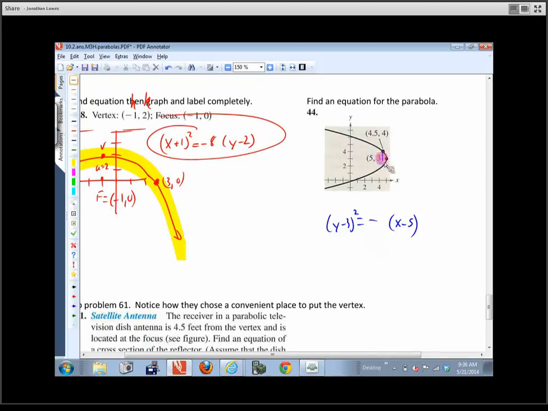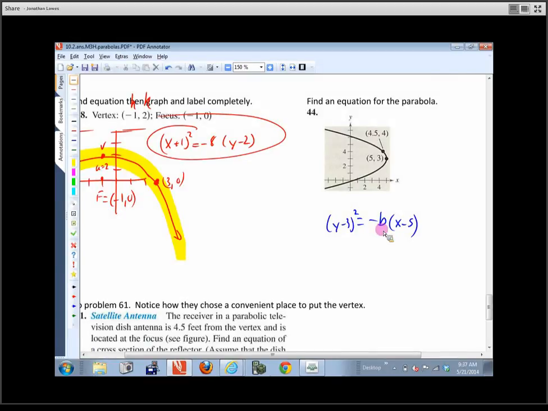We could just double that, go from side to side, and that would be the number that goes right there. But it doesn't say where the focus is on this one. So rather than put a 4a here, let's just put a b. So b is going to represent 4a. It'll make it just slightly easier to solve. If you want to put a 4a there, you can. It's just adding an extra number in there.